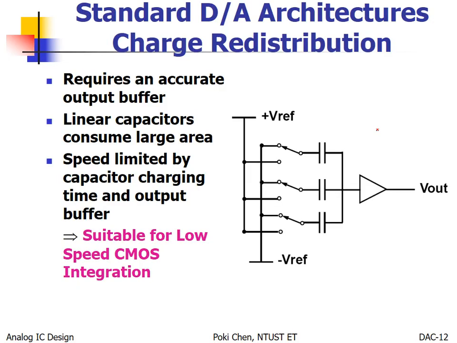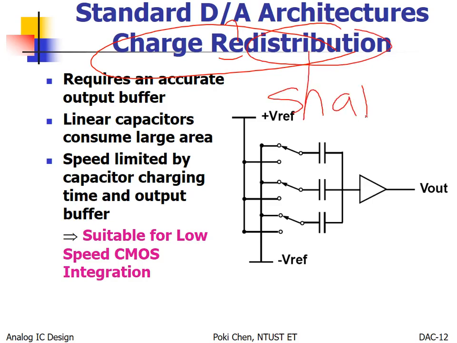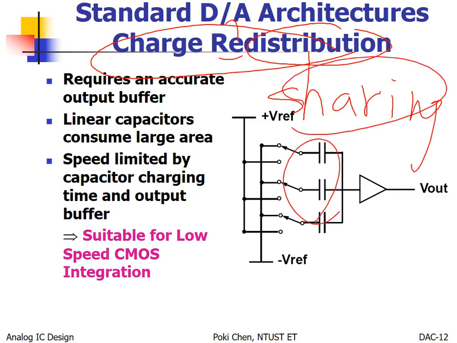And how about the others? I don't have time. Yeah, I cannot torture you too much. All right? Even though I would like to share more experience, more knowledge with you, time is limited. The other two, for example, we call it charge redistribution, or sometimes charge sharing with capacitors.